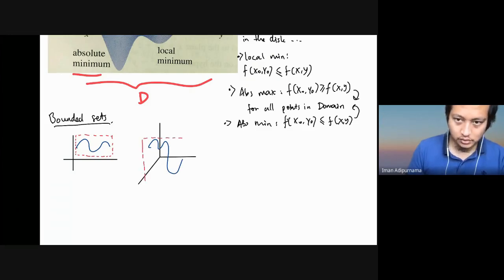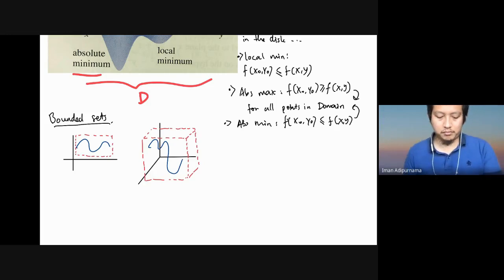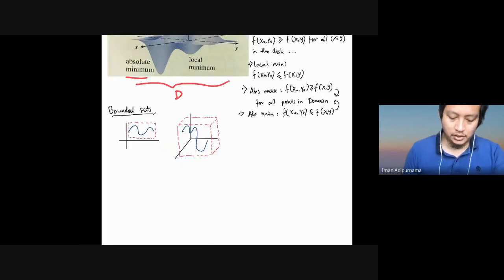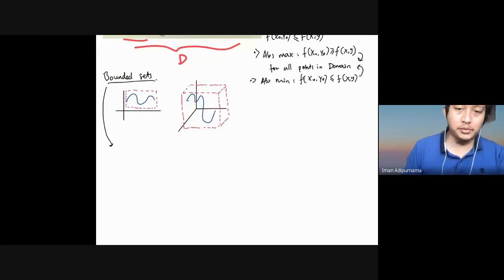So you have a set of curve inside the box. And from this box, which is called the bounded set, we can observe the maximum and minimum value. The bounded sets will be used in some terms and definitions.